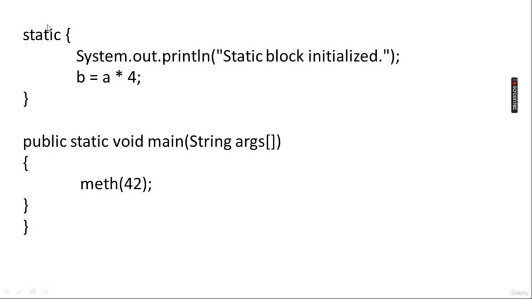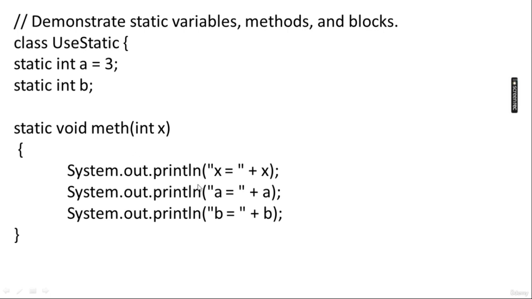Now, this is the static block. There are opening and closing curly braces, and whatever you write in these curly braces preceded by the static keyword is called a static block. So this is the static block, and here I am printing "static block initialized". B is equal to A into 4. So what is B?